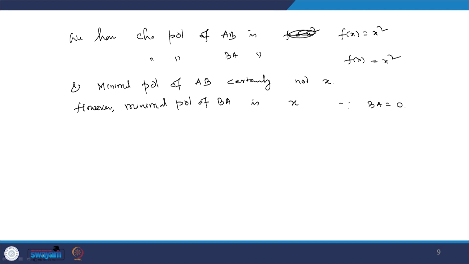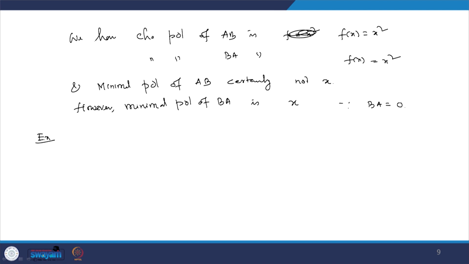So, we see that even though both AB and BA have the same characteristic polynomials, I mean the same eigenvalues, the minimal polynomials for the two matrices are different.